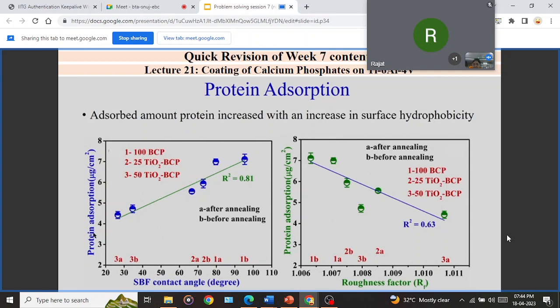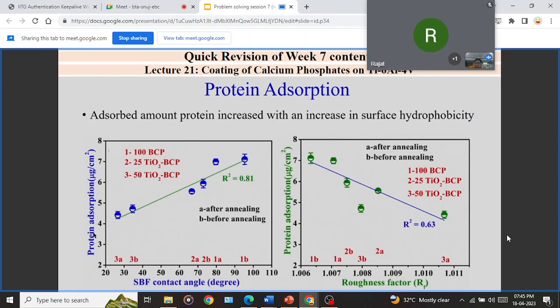So you can see here that 1 denotes BCP, whereas 2 denotes 25% titanium oxide and BCP, and 3 denotes 50% titanium oxide and 50% BCP. In this case, you can see the protein adsorption is highest in case of 1, that is the 100% BCP modified surface.